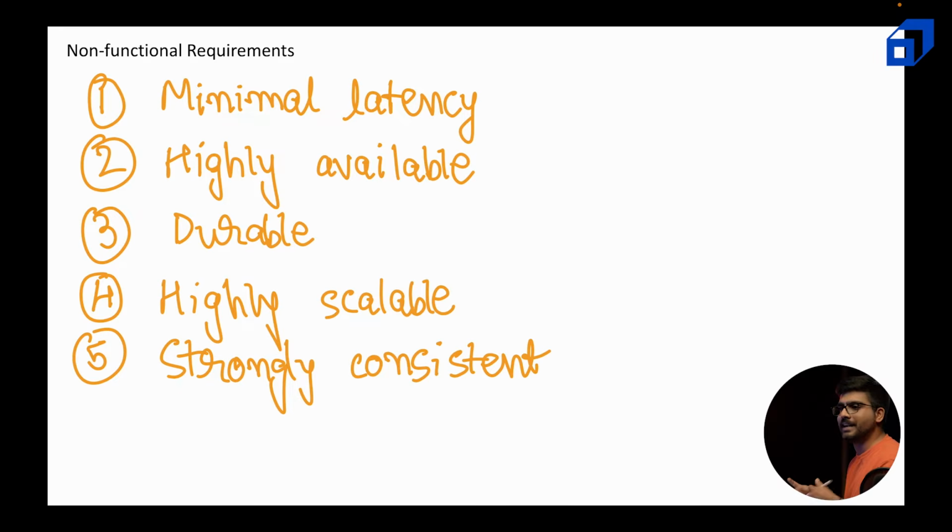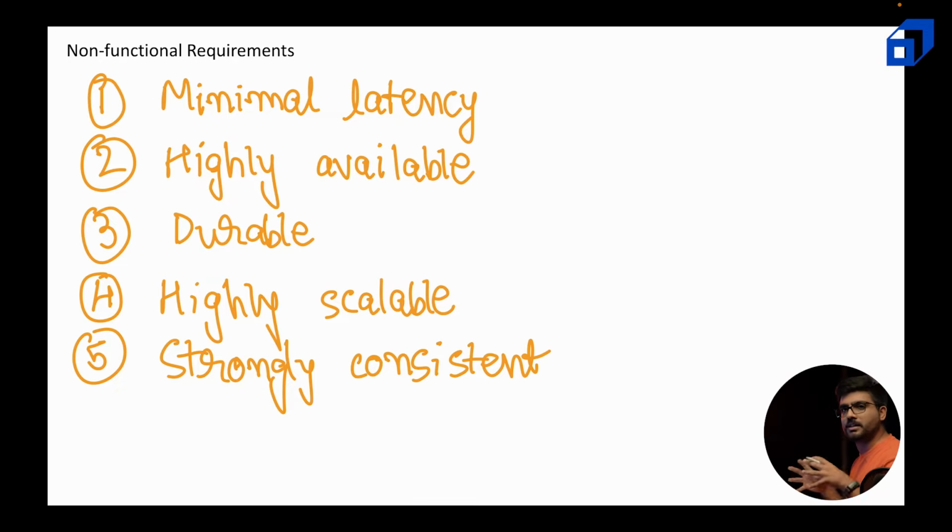But on the other hand, let's say I have booked a cab and some driver has accepted that particular ride. I cannot accept the experience where other drivers are still being shown that, okay, this person is still asking for a cab. So in such situations, strong consistency is really required. And also, for example, if I start the trip and it still doesn't show that the trip has started on the driver's application, then that's also a really bad user experience.